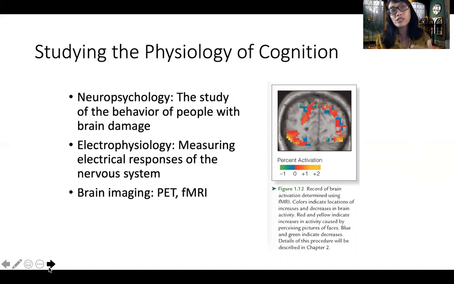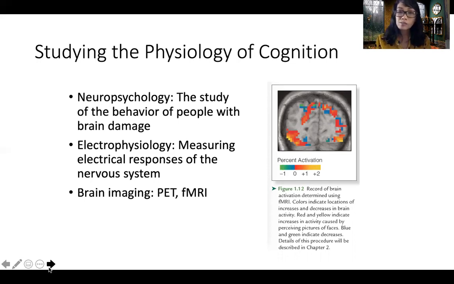So the physiological explanation of cognition is studying neuropsychology, in which we study the behavior of people with brain damage, so we can provide insights into the function of different parts of the brain and the cognitive function of the brain as well. And electrophysiology is measuring the electrical responses of the nervous system.